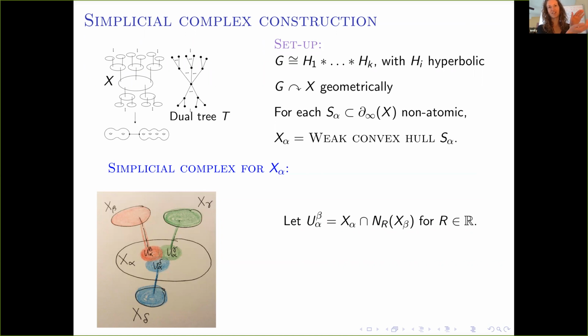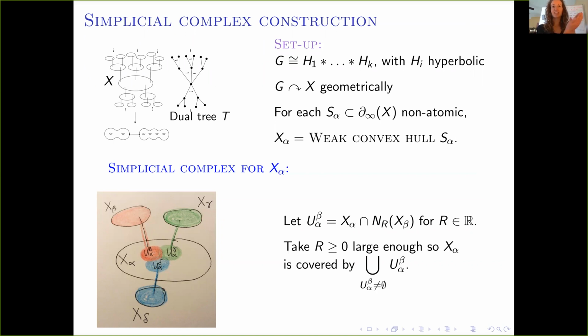And if there's non-empty intersection, that set is called U alpha beta. And we want to take these neighborhoods big enough so that the weak convex hull X sub alpha is fully covered by these U alpha beta, covered by neighborhoods of its sort of neighboring weak convex hulls.